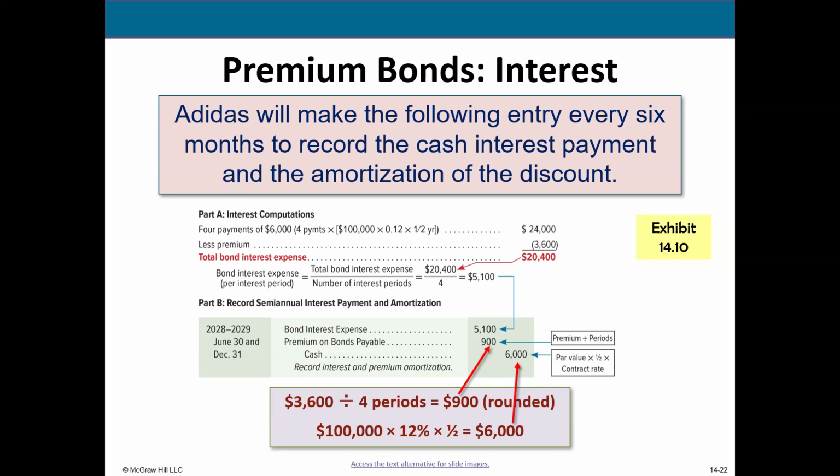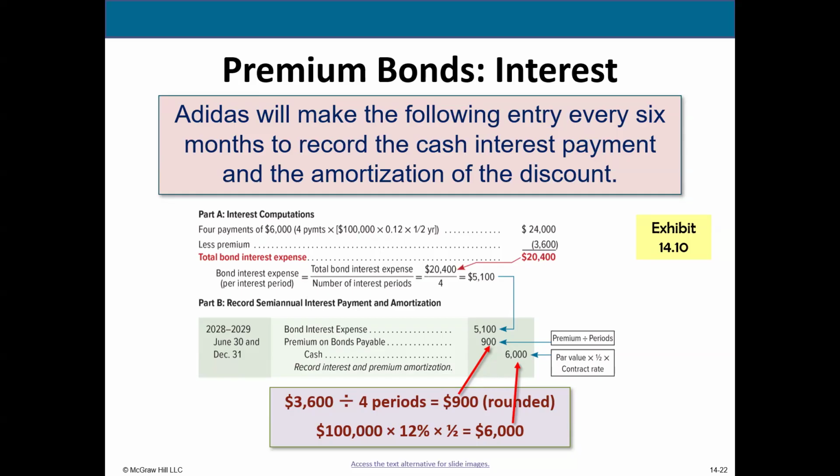We get to $24,000 or $6,000 per payment, minus the premium, 3,600, which gets us to a total bond interest expense of 20,400. We divide that by the number of payments, giving us a bond interest expense per period of 5,100.